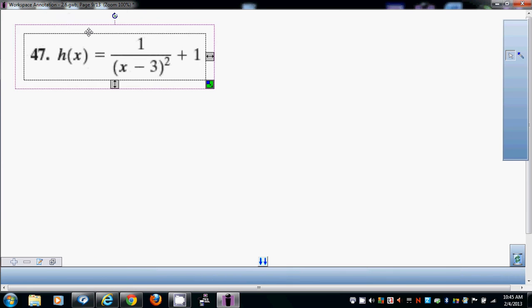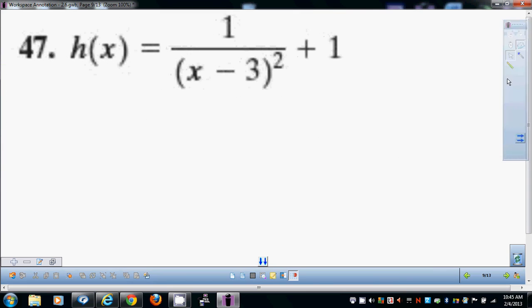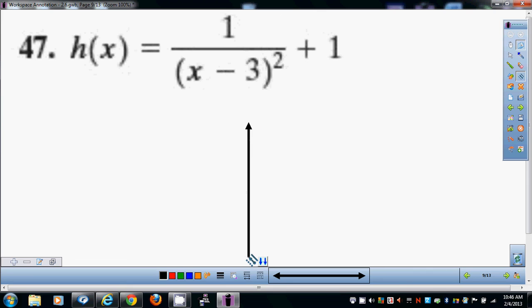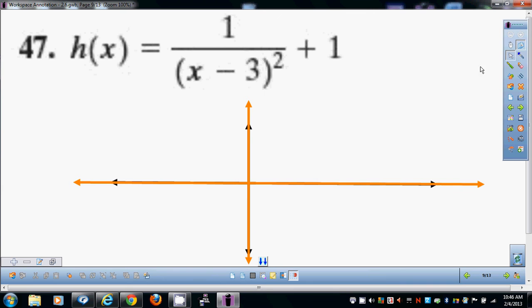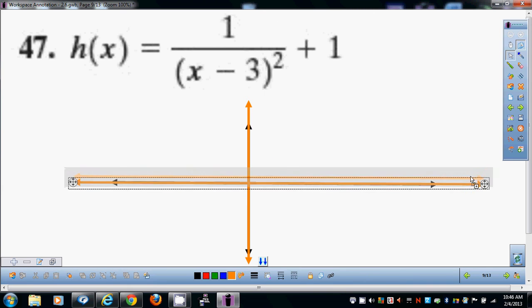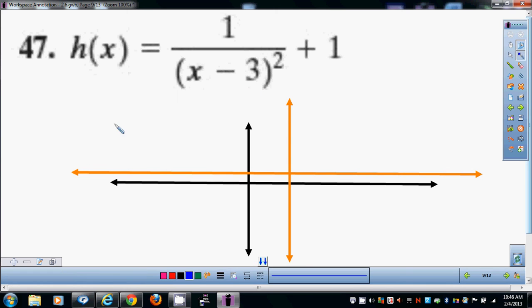Draw my normal asymptotes at 0 and 0. Now, Nate, where are my shifts? Up 1, right 3. Now, it's 1 over x squared, so the only difference is this one is kind of volcanoing instead of being opposite of each other. Only difference.